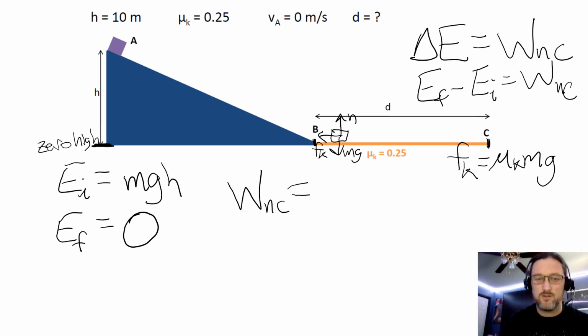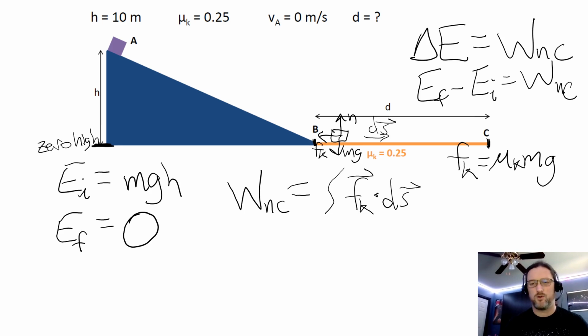Work from non-conservative forces. This is the work done by friction, right? So I do integral f sub k dot ds. ds is little bits of stuff this way. Oh, look, they point in opposite directions. The dot product of exactly opposite direction forces is minus the regular product of those two things, right?